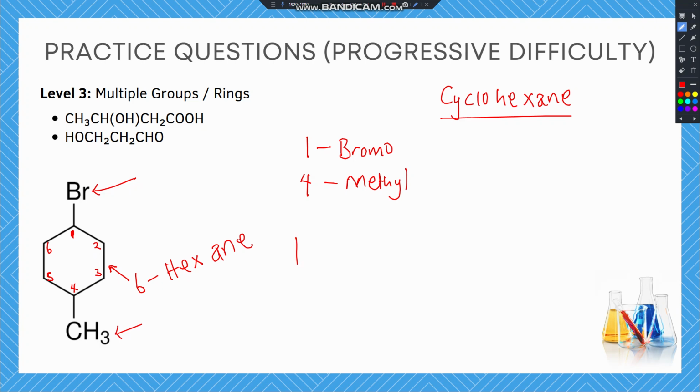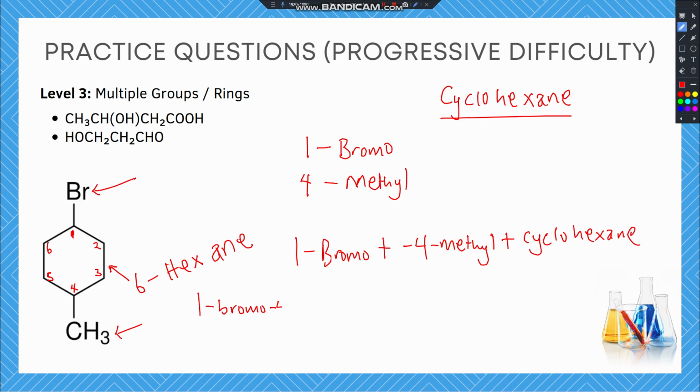So altogether we have 1 bromo plus 4 methyl plus cyclohexane. So altogether the name of this compound becomes 1 bromo 4 methyl cyclohexane. That's the name of this compound.